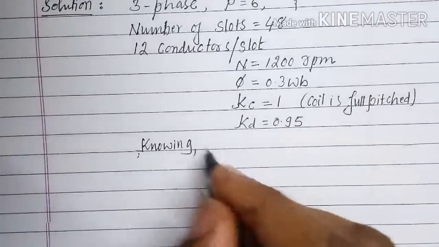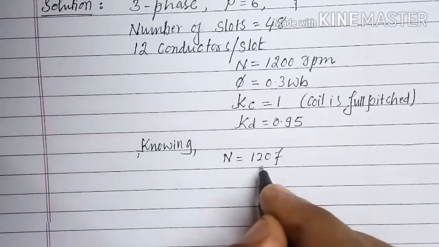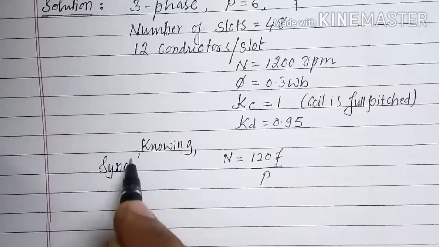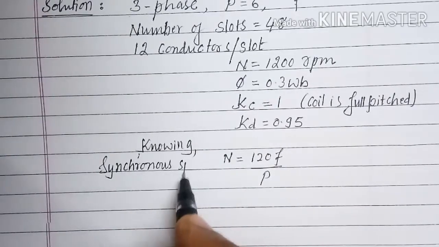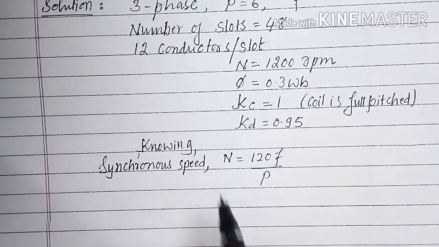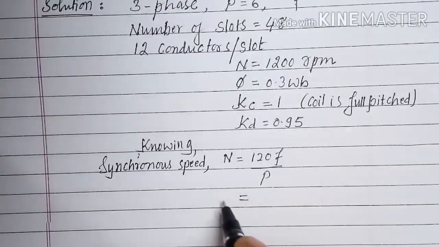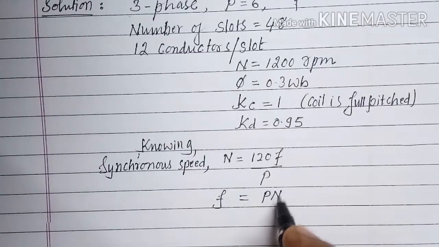Knowing N is equal to 120 F upon P, where N is synchronous speed because alternator runs at synchronous speed, F is equal to P into N divided by 120.